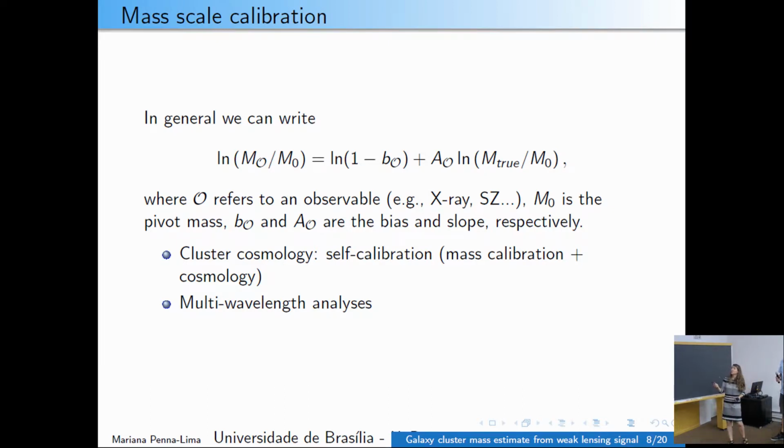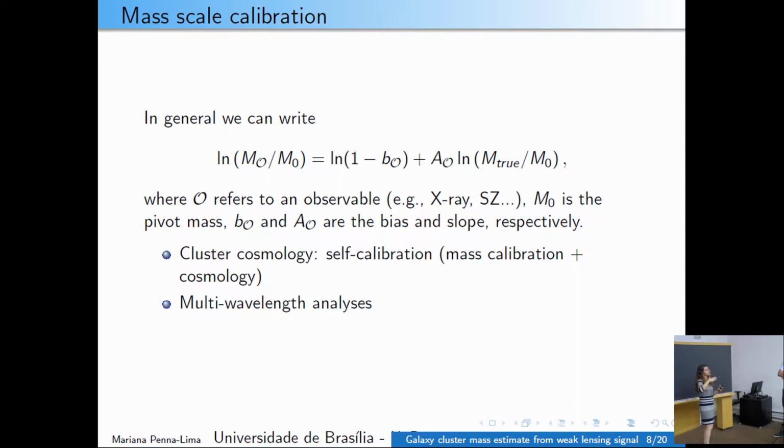Okay. Here, if you already assume that the slope is equal to 1, you are just saying that the mass estimate that you are measuring from your observable, your mass proxy, is directly and linearly related to your halo true mass, and they will deviate from each other just by a bias factor.